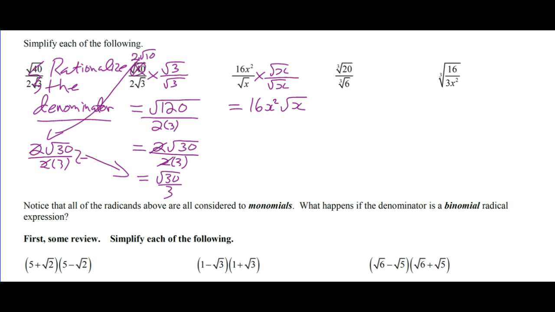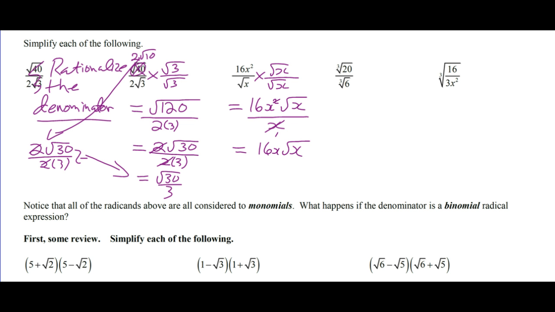I don't want to put the x squared under the radical, because the whole idea is we're simplifying, right? What's on the bottom? x. What's it become? Okay, so the x takes out 1 of the x squared, right? It becomes 16x root x. And that's it. Don't go any further. Don't try and move the x under the radical sign, right? Because we want the simplest expression under the radical sign.